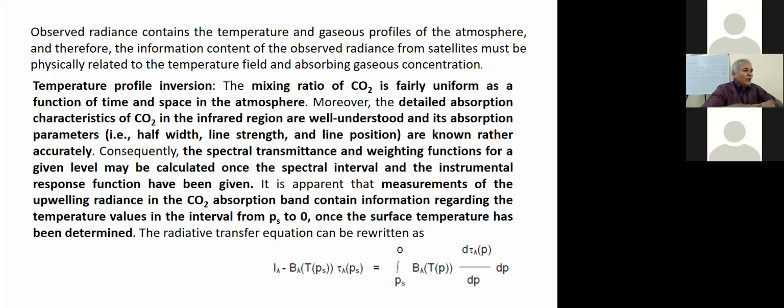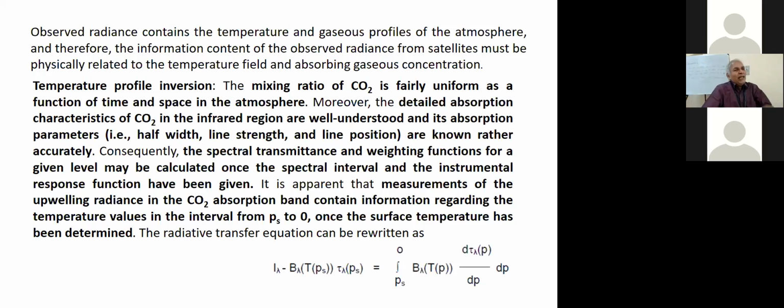Okay, so if you are looking at the wings of the absorption band, not at 15 micrometer but at a wavelength farther away, let's say 15.5 or 15.8 micrometer, then the absorption coefficient K lambda is not very strong there.